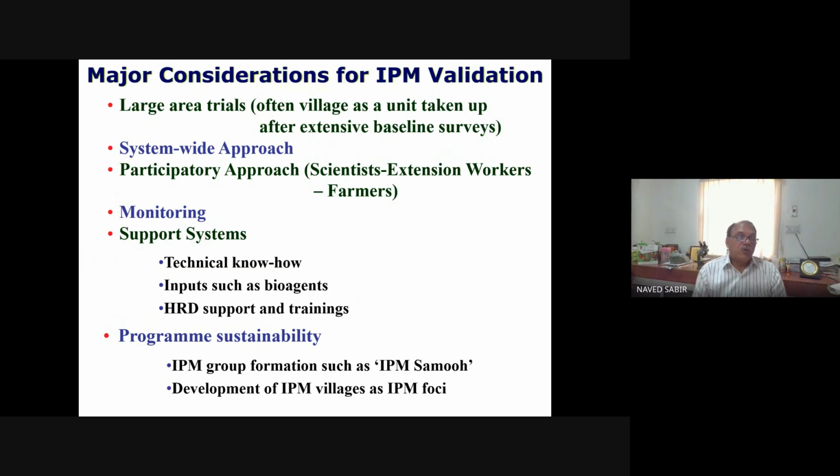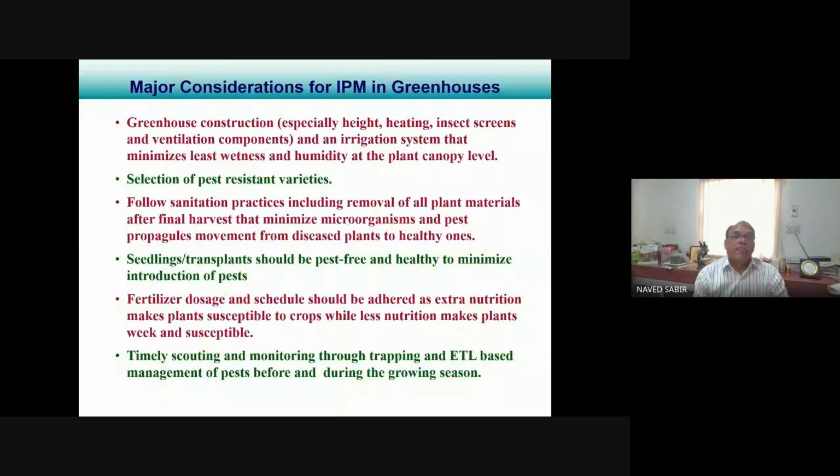And then only the program sustainability can be achieved, and wherein you can create even an IPM group. If there are several greenhouse growers, you can create an IPM group of greenhouse growers to record the pests, to know the pests, to develop the program, to know about the chemical, and that is how the entire knowledge system of IPM will work.